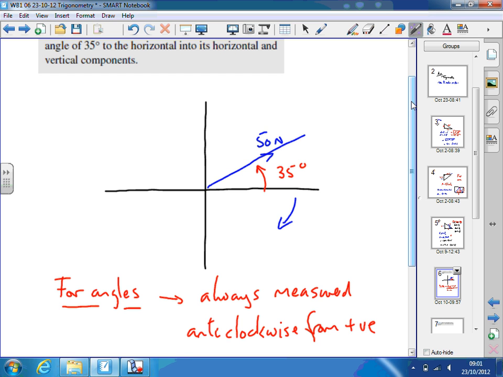If I want to represent a force in this direction, what would the angle be? It was the same force, but what would I say the angle would be? 215, and how did you arrive at that?